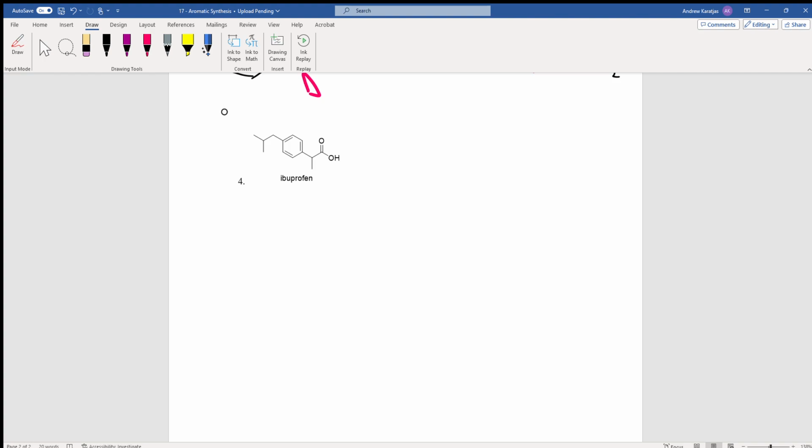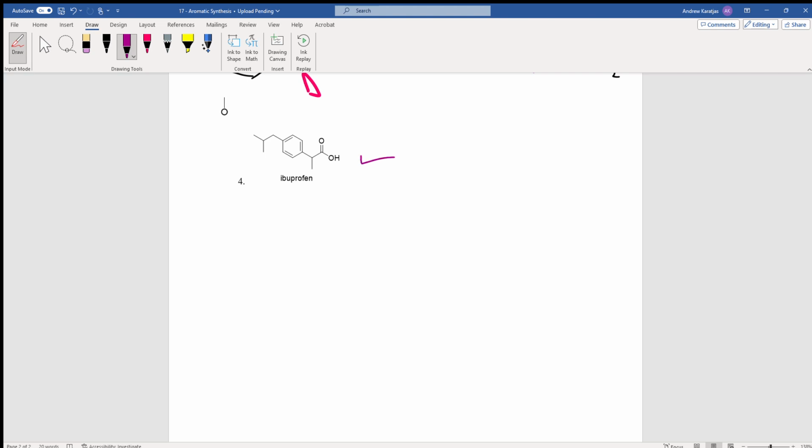Our final question on this section, a little bit more complicated. We're going to be making or attempting to make ibuprofen. We can see that we've got two different carbonyl groups we're going to need to get in. So where do we want to start?